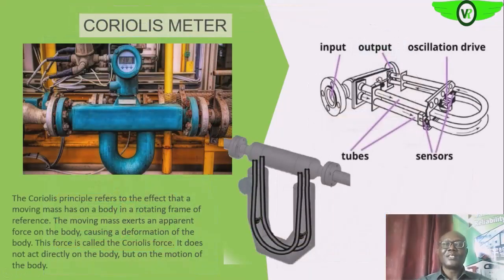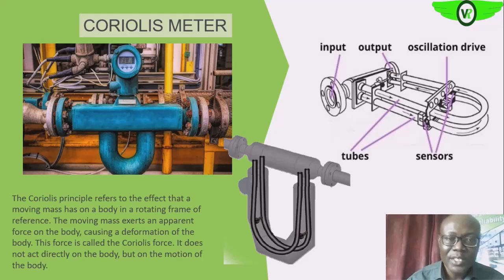So the next flow meter that we are going to be looking at is the coriolis flow meter. The ones that we have considered so far are volumetric flow meters. But the coriolis flow meter is a mass flow meter, which helps us determine the mass of fluid that has gone through a section of the pipe.